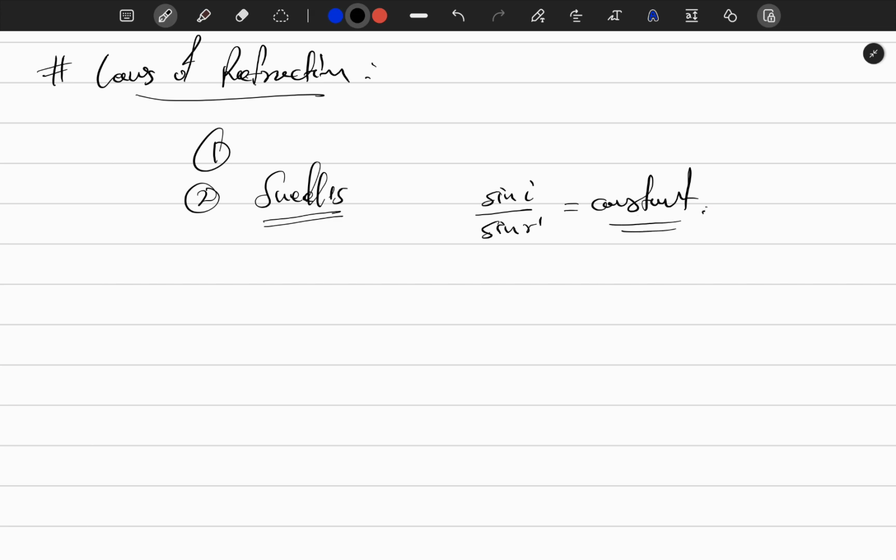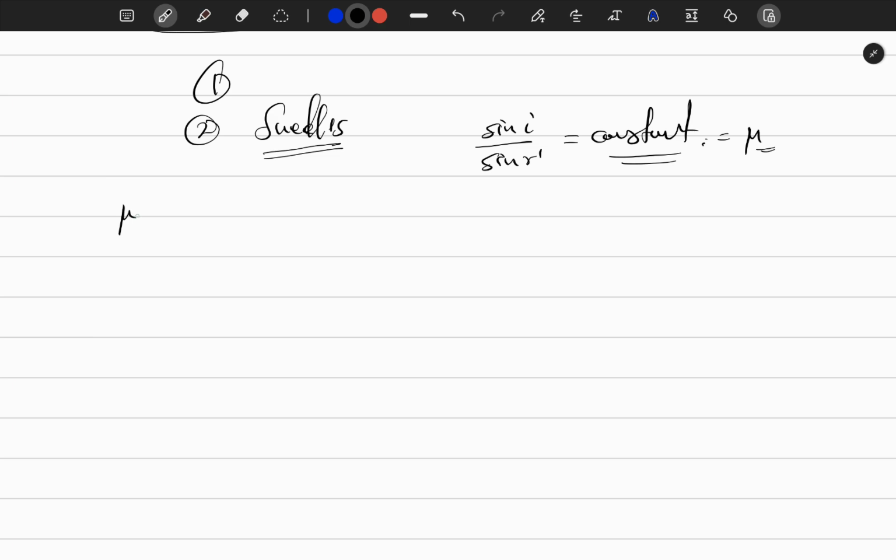This constant is denoted by the symbol mu, which is called the refractive index of the medium.